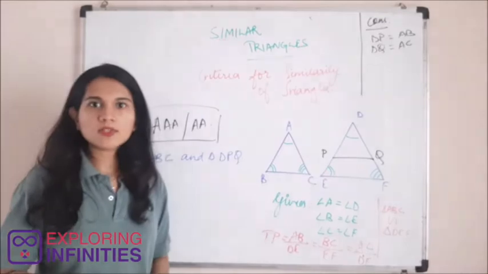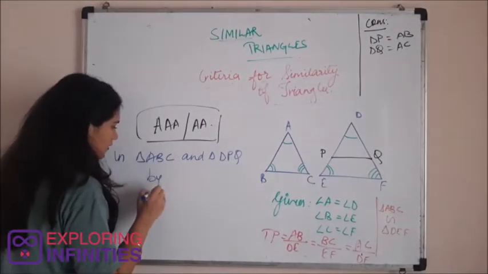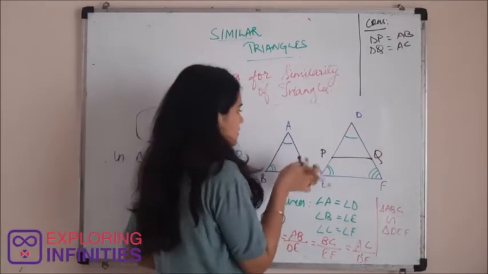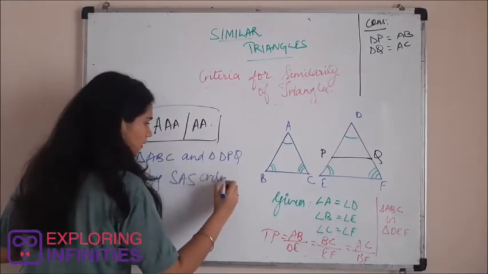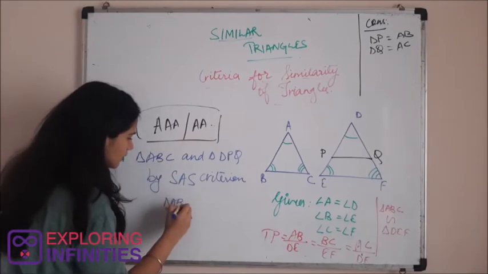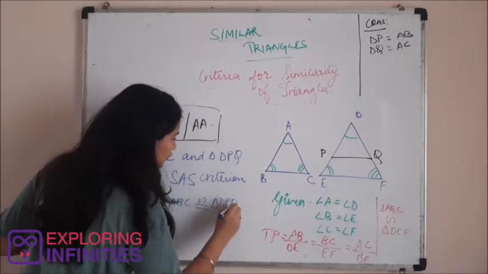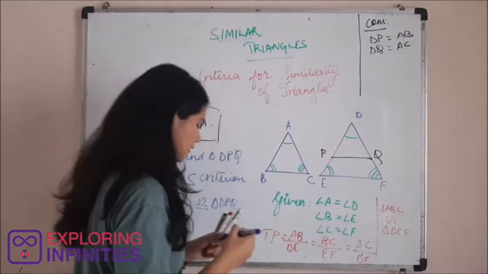Do you recall something from last year? That by the SAS criterion, side angle side criterion, triangle ABC is congruent to triangle DPQ. Alright, side angle side criterion.